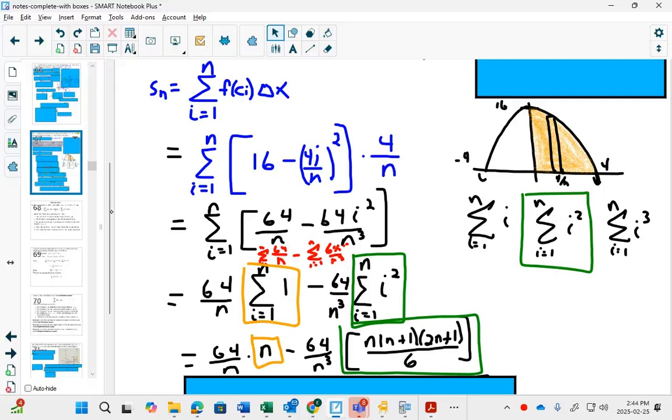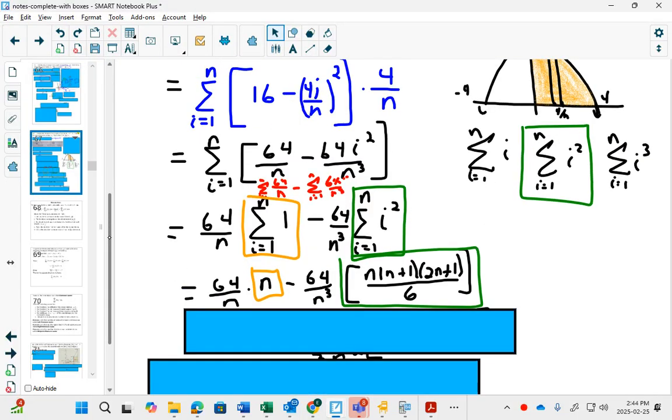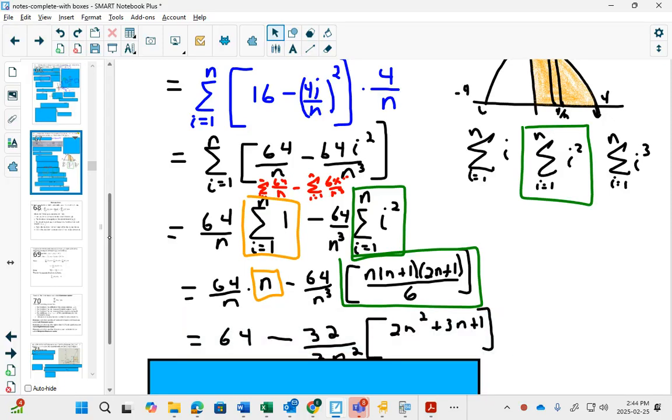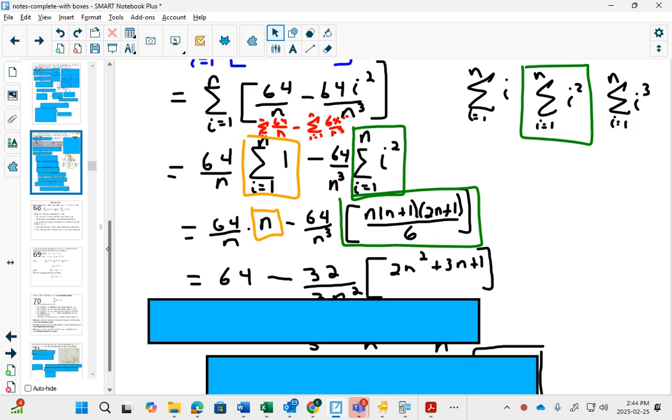So this is simplified, the sum of all those rectangles. If you plugged in a 3, it'd be like you made 3 rectangles, what its area would be. If you plugged in 7, it's like you made 7 rectangles. We just created a formula for any amount of rectangles. Instead of doing a specific one, we've got the formula for all of them. Then if we take this and simplify it, the n and the n cancel out to be just 64.